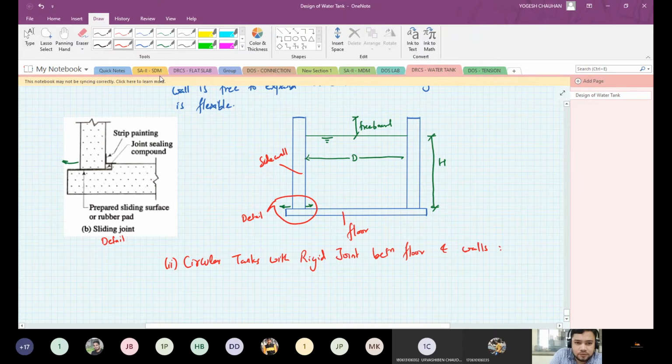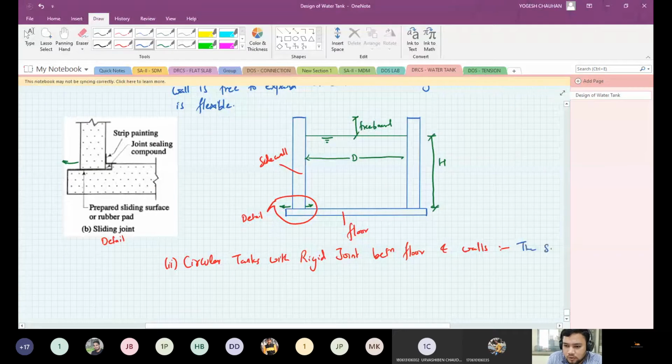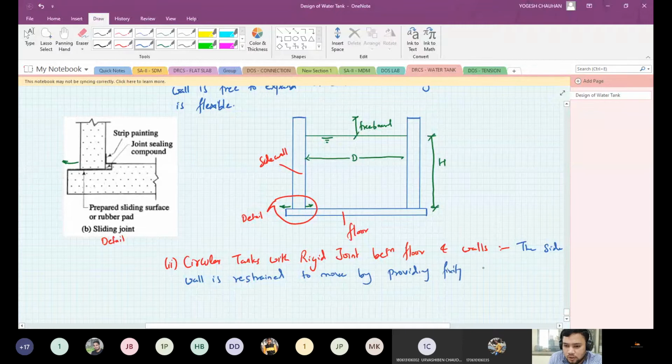So in this type, the side wall is restrained to move by providing fixity or continuity with the base.